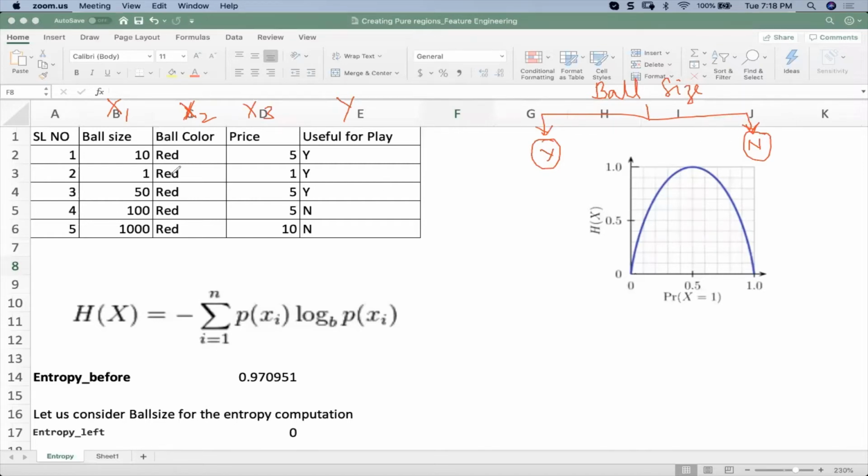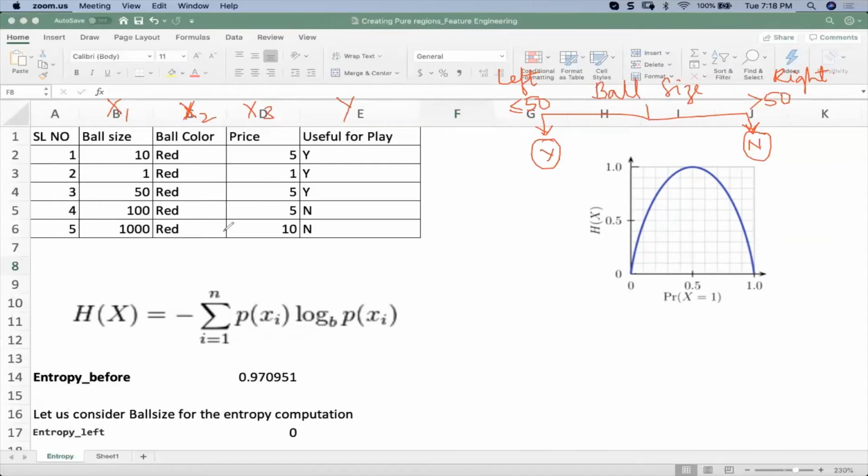If you look at the data, you might feel that my classification rule would be less than or equal to 50 on the left side and greater than 50 on the right side. Meaning, if the ball size is less than or equal to 50, it will be useful for play. If the ball size is greater than 50, then the ball would not be useful for play. Simple.